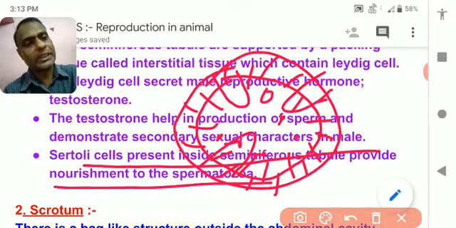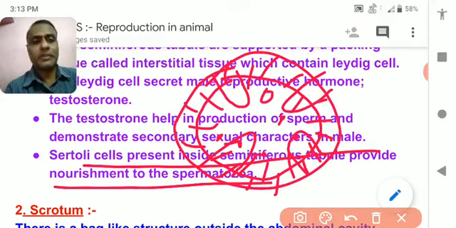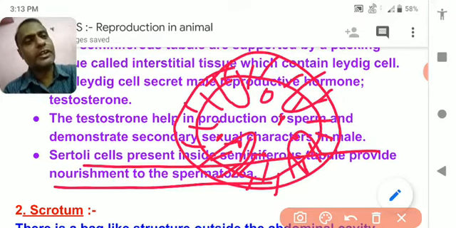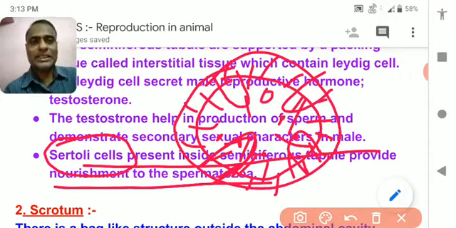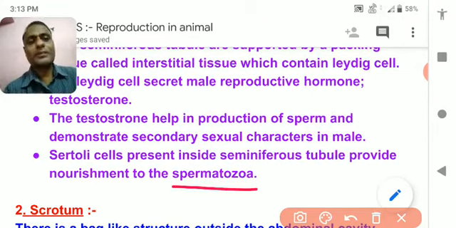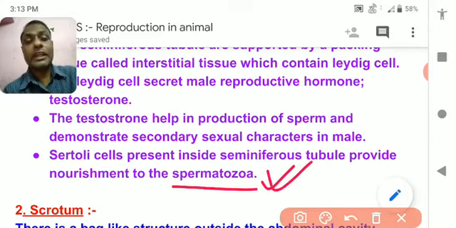There are some cells in the seminiferous tubule which provide nourishment to the sperms. Are you understanding? These cells are called Sertoli cells. Sertoli cells provide nourishment to the newly born sperms, which are called spermatozoa. Remember this. Hope you understood the things.